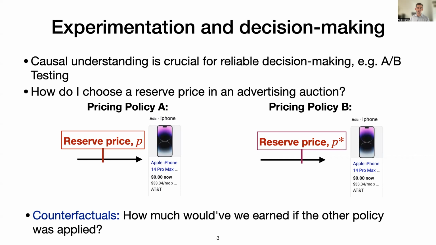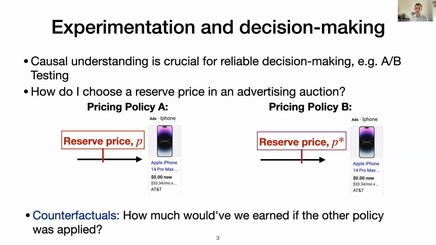So to motivate our discussion here, I want to start by thinking about what makes a good decision. I'm going to argue that to make a good decision, we need to base them on causal relationships. But ascertaining causal relationships is hard. The gold standard for this is to run a randomized experiment called an A/B test in tech. For example, in an auction setting, we want to determine which reserve price policy is more profitable.